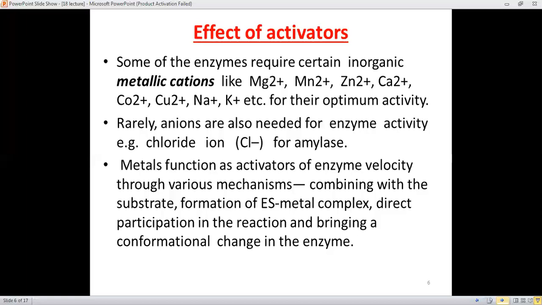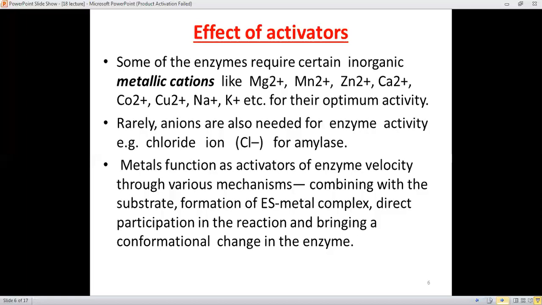And in the body, rarely anions are needed for enzymatic activity. And if needed, it has been shown that it's the chloride ion which is needed by some enzymes, for example, the chloride ion is needed for amylase optimum activity.